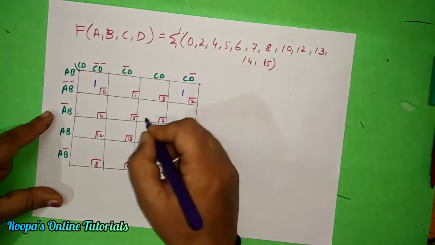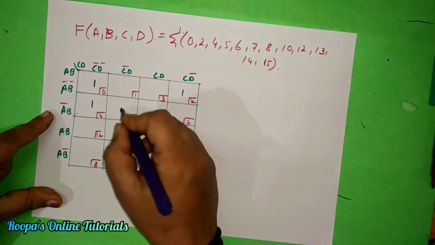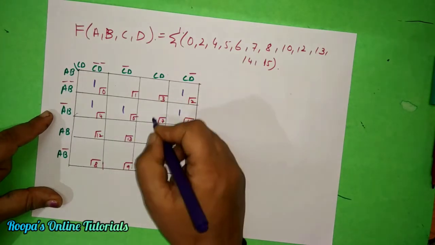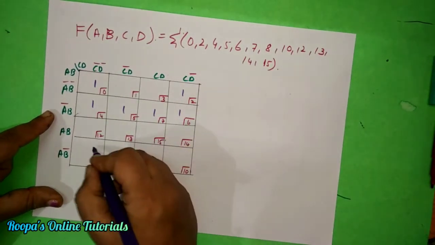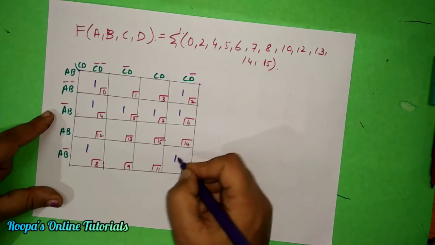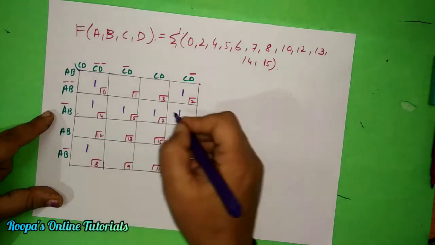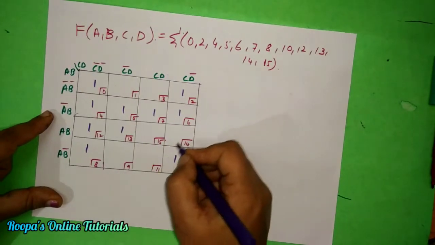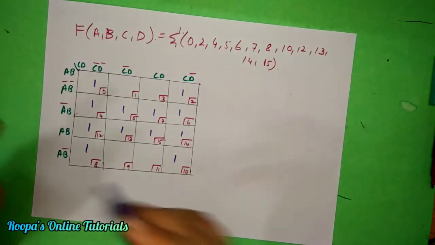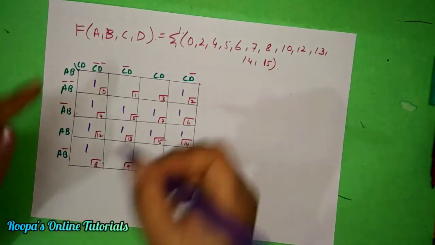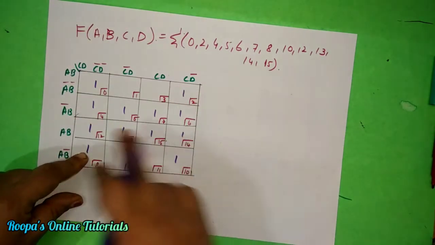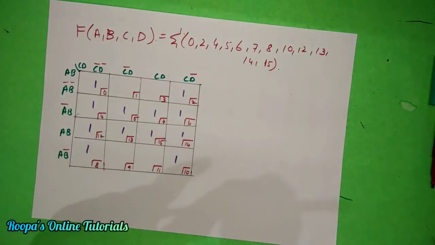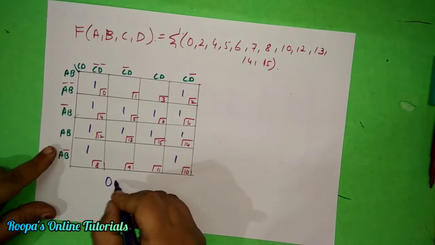See here, it is 2, here it is 4, 5, 6, 7, then we have 8, 10, and 12, 13, 14 and 15. So very clearly you can see here, you can take this as quad 1, quad 2 and then again quad 3. Don't do that. What is the order that I told you?